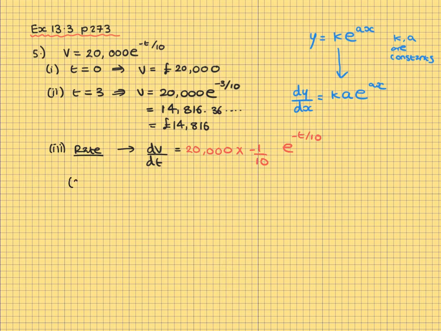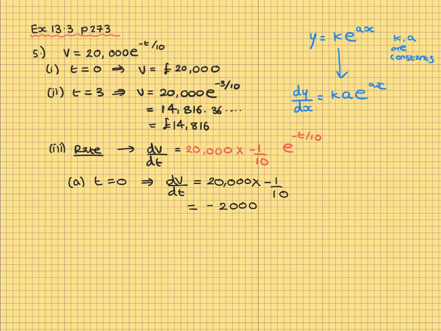Now for part A, they want us to calculate the rate at which the value is falling when the car is new, which means when t equals 0. So if we substitute in when t equals 0, this gives us dv by dt equals 20,000 multiplied by negative 1/10, which comes to a value of negative 2,000.